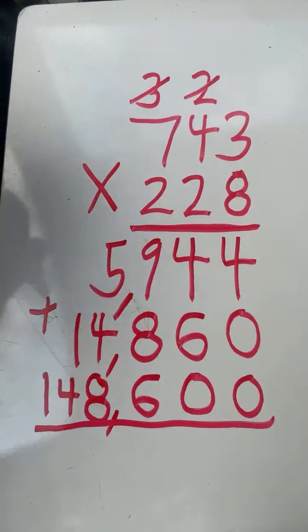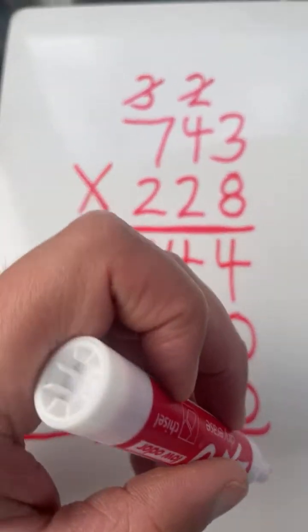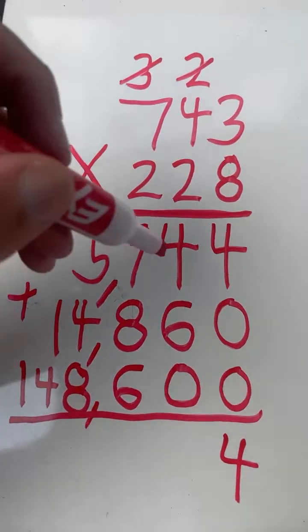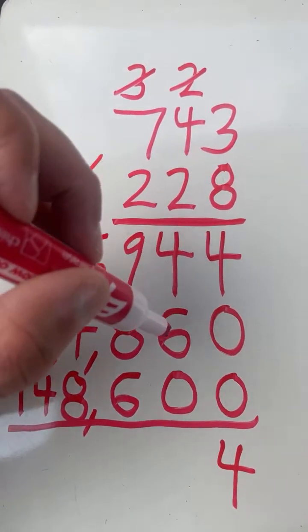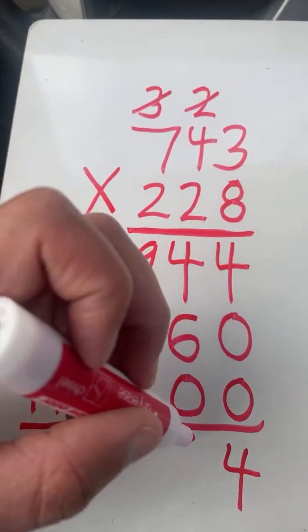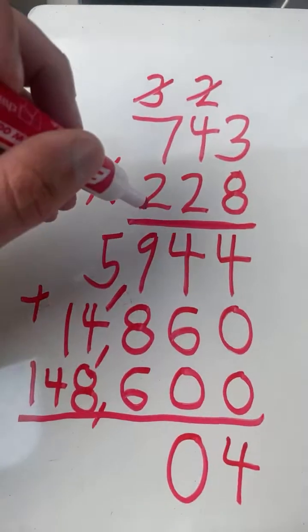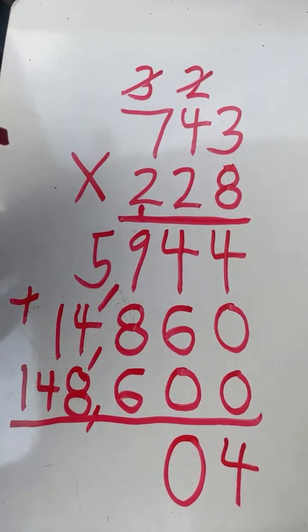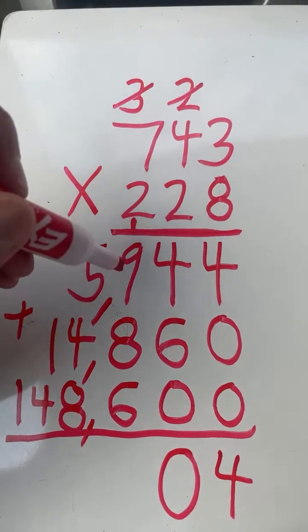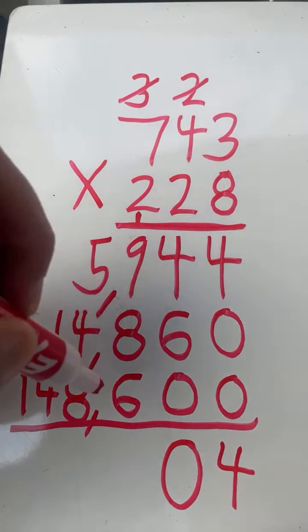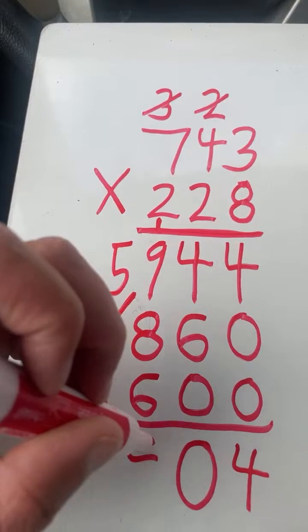So starting in the ones place, 4 plus 0 equals 4. 4 plus 6 equals 10. We have a 0 here, so 0, carry the 1. 1 plus 9 equals 10. Plus 8 equals 18. Plus 6 equals 24. 4, carry the 2.